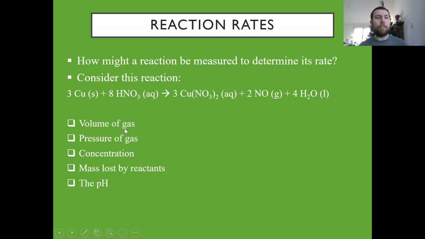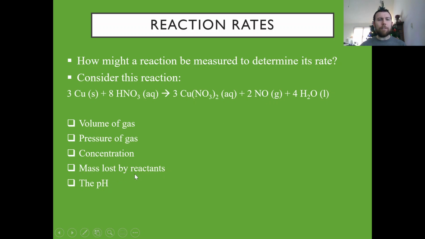If you could take volume or pressure measurements every 5-10 seconds perhaps, you'd be able to put together the rate of this reaction with respect to volume or pressure. Obviously, we have concentration. We could look at that from the perspective of the nitric acid, or the copper 2 nitrate, or even the nitrogen monoxide gas.